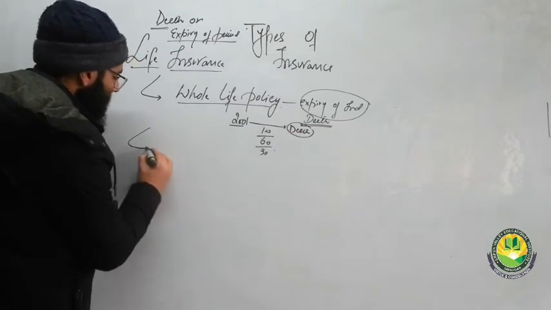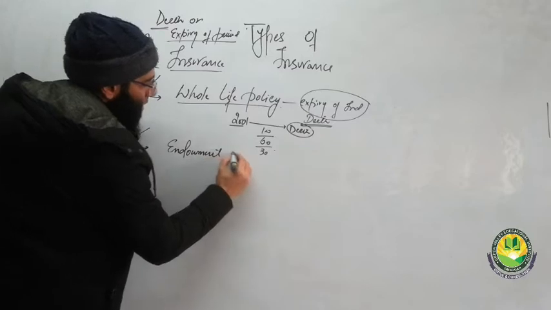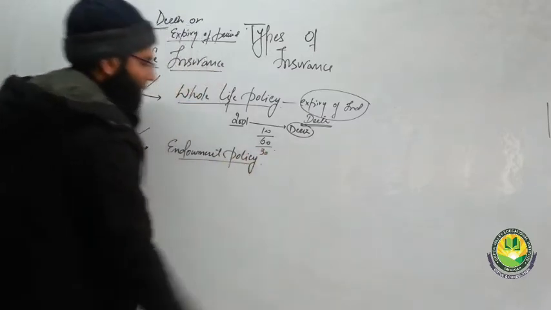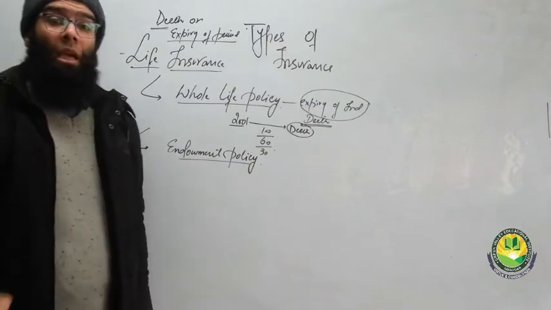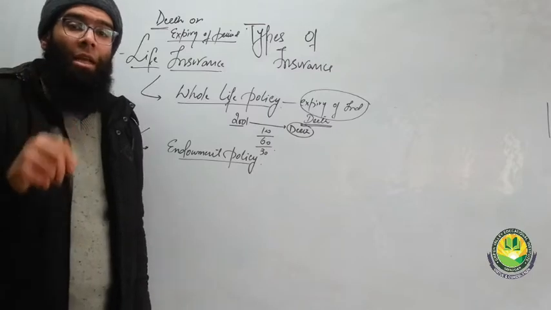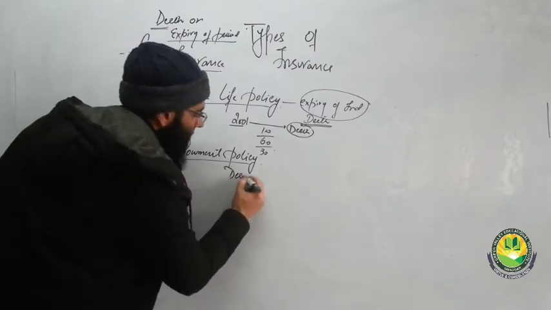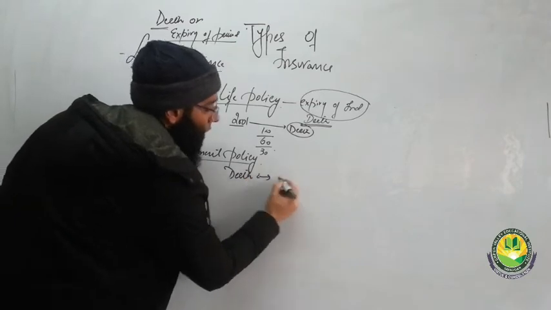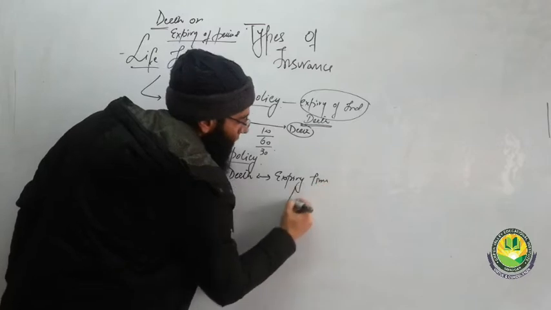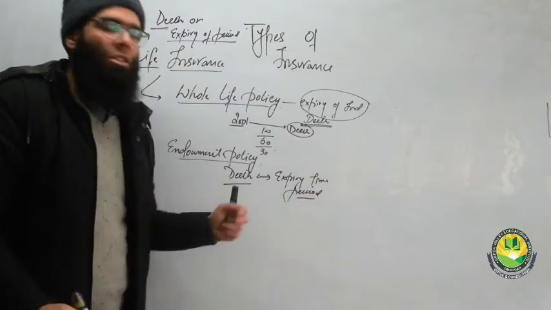Then we have the endowment policy. Endowment policy is a life insurance policy wherein the compensation shall be paid either on the death or expiry of the time period, or we can say maturity of the time period, whichever is earlier.